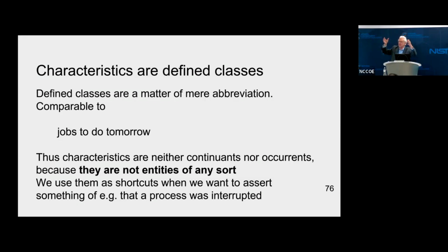It's an abbreviation of a long disjunctive list beginning with cat, dog, cockatoo, and so on. But it's useful to have this abbreviation. And there are many other abbreviations that we need to use in tandem with BFO. And because they're abbreviations, they're a matter of language. They don't belong in the hierarchy. They're neither continuant nor occurrent, because they're not anything. They're just ways of talking.